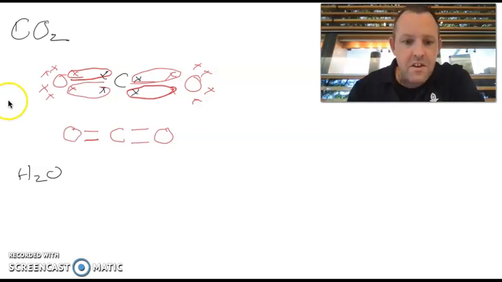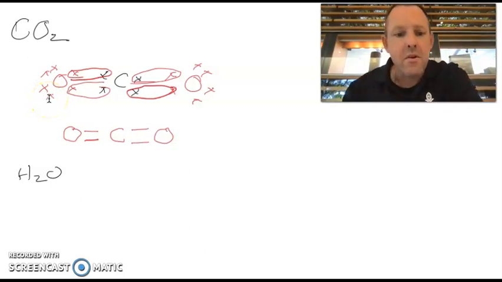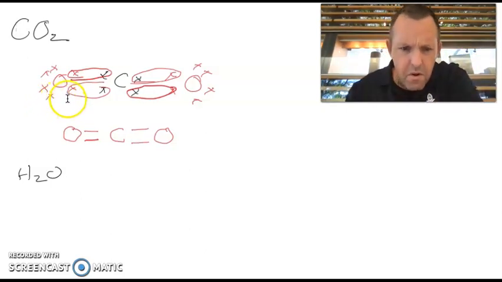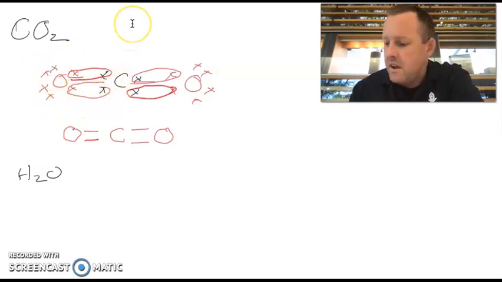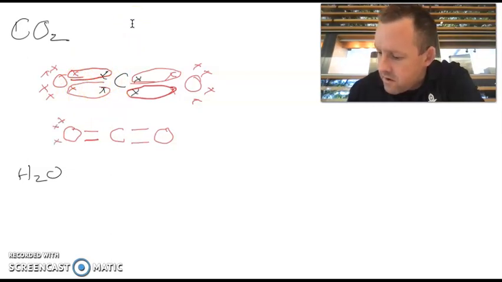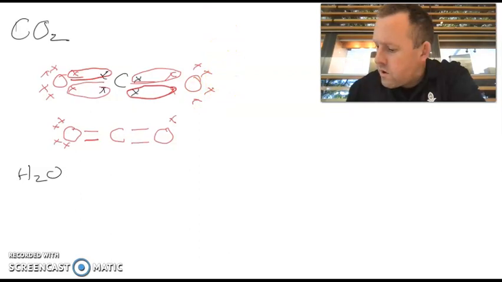Now, to finish it off, what we need to also draw into our final product is our unbonded electrons. So what you'll notice is around the oxygen, there are 4 electrons that aren't involved in these shared pairs. We need to draw them into our final product. I've got 4 over here on this oxygen that I need to draw in as well.